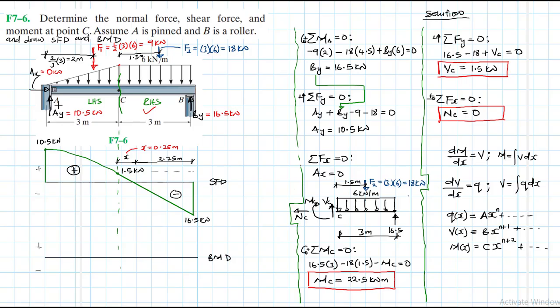So let's find the equation from A to C in advance. So we have this equation here, Q, that governs this line here. This line will be governed by an equation Q.